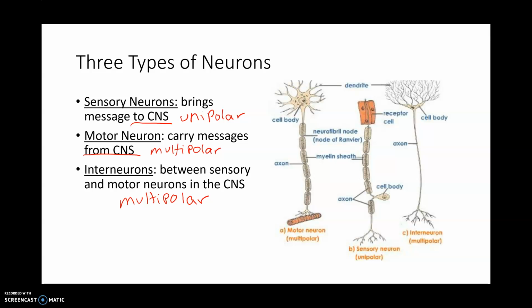But for our sensory neuron, we're going to see it's unipolar because we only see one division coming out of our cell body. So it's a unipolar. Though we see a receptor cell, and we do see those as well. Multipolar because we see that our dendrites are coming from our cell body here, and again, more dendrites and axons coming from our cell body, which makes it multipolar.